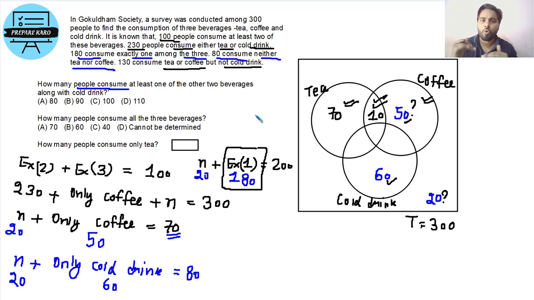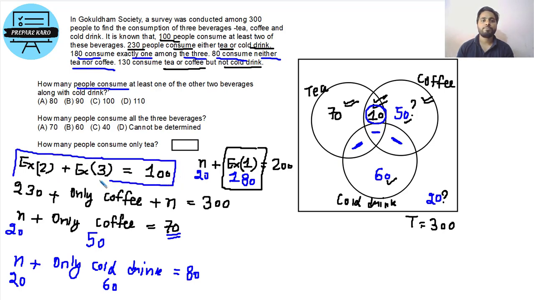So maybe cold drink or tea, maybe cold drink or coffee, right? So basically we have to find these three regions. These three regions along with this number 10 will be nothing but exactly 2 plus exactly 3. But we are not looking for this number 10. That means 100 minus 10. So our answer is 90.